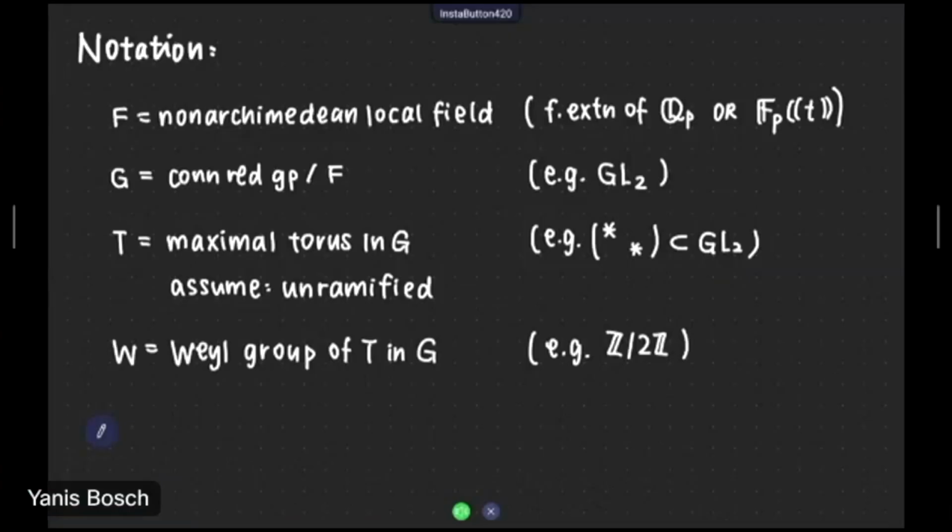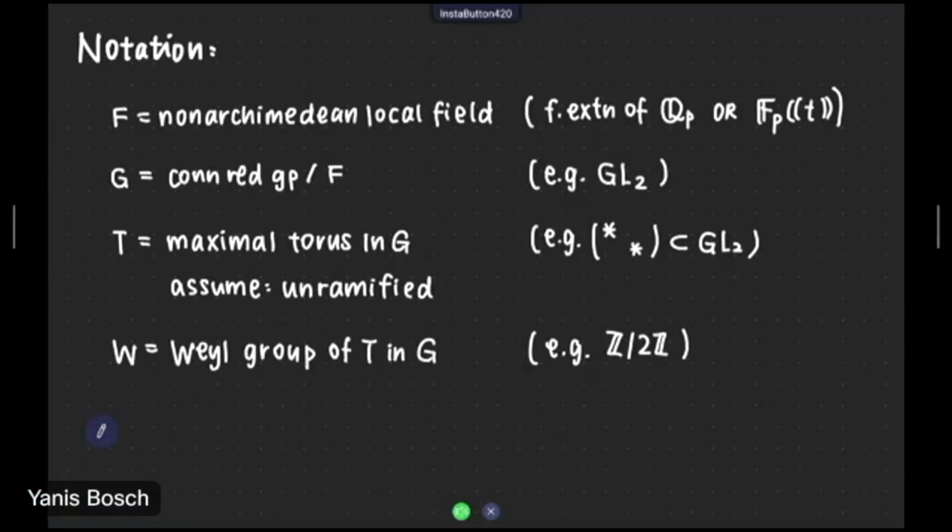And you can take finite extensions of these, and that's still a valid F. And then this is the rest of the terminology. So F, T, G, W are very important letters.